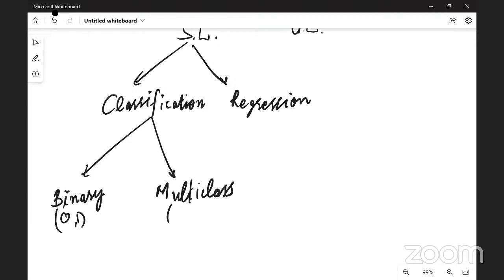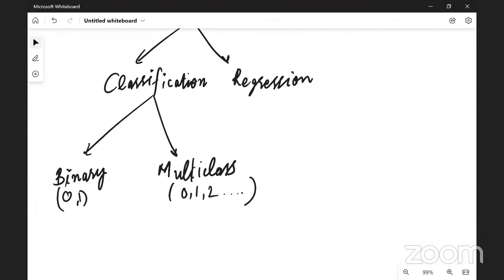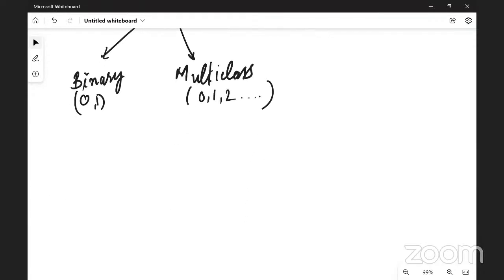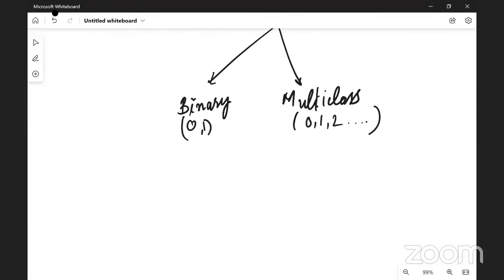But multi-class could have more than 2. Then there is another classification, which is single label or multi-label.